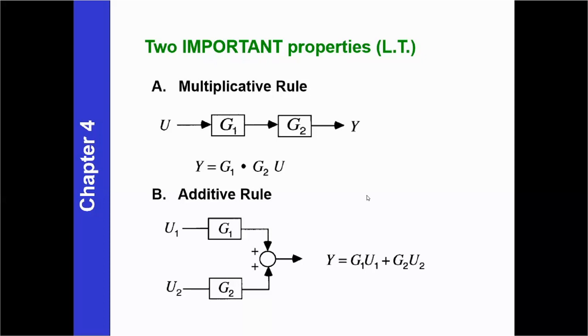So that is measurement for control systems in series. And if they are in parallel, then you apply the additive rule. If in series, it's the multiplicative rule; if in parallel, it is the additive rule.